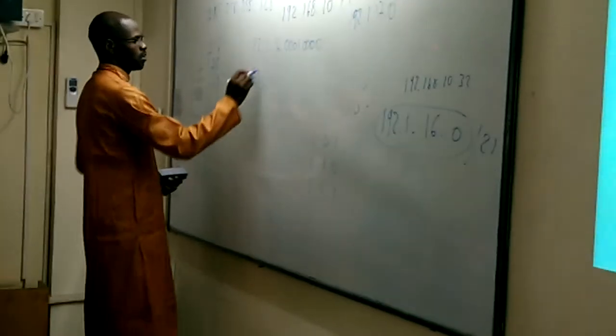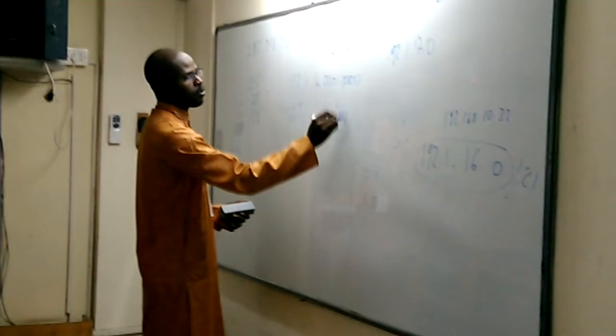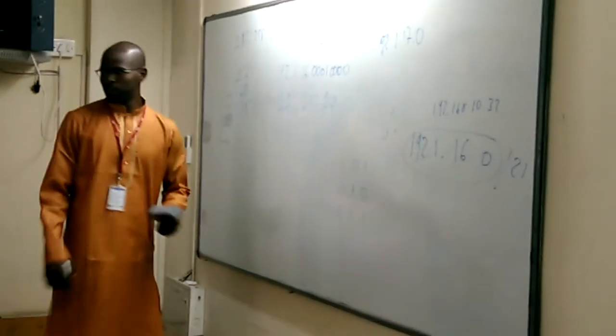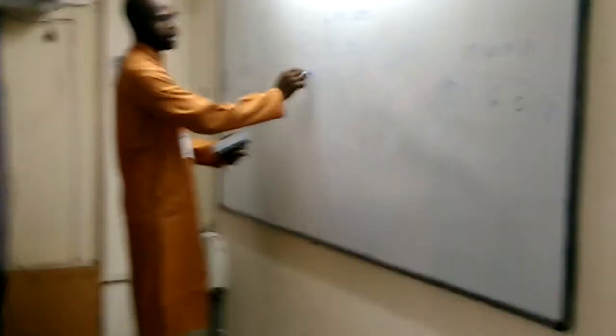Subnet mask is 255.255.248.0. The 248, see, here we know here 11111.